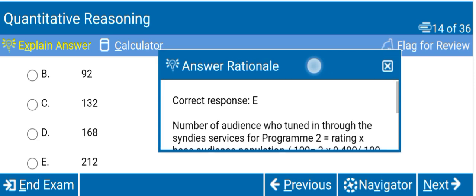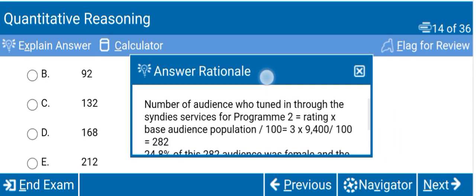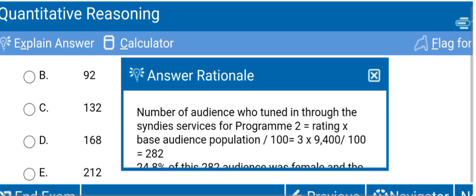So here we have a correct response is option E, as number of audience who tuned in through the Cindy's services for program 2 equals rating multiplied by base audience population divided by 100 equals 3 multiplied by 9400 divided by 100 equals 282.